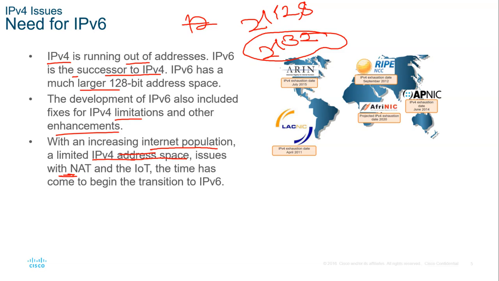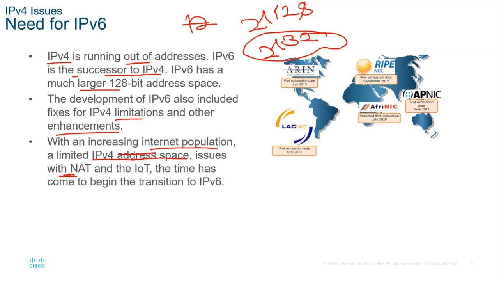And then the IoT. IoT is Internet of Things. There are so many devices that traditionally used not to be assigned IP addresses, but this time they are assigned IP addresses, or they were transitioned to network devices.